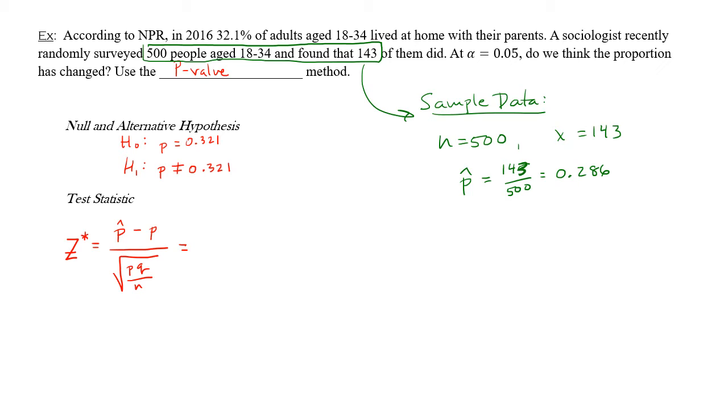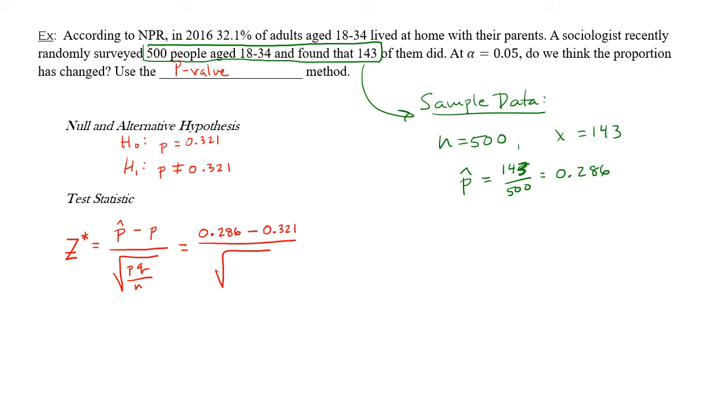So p hat, which was 0.286, minus p, which was 0.321, and square root of pq over n.